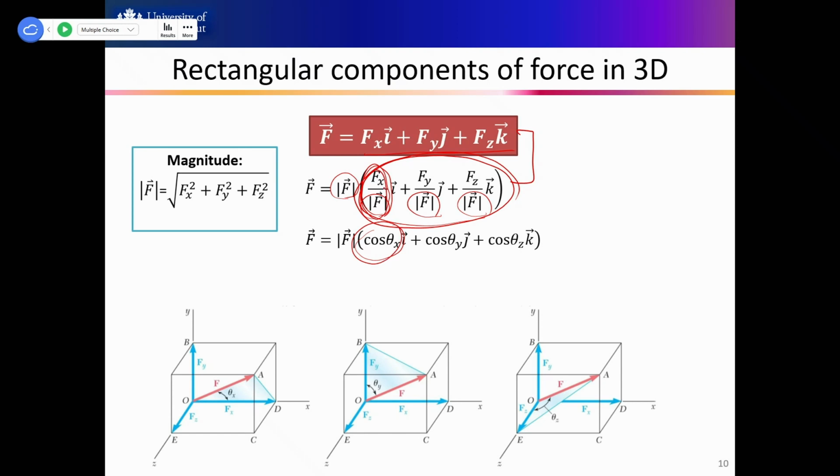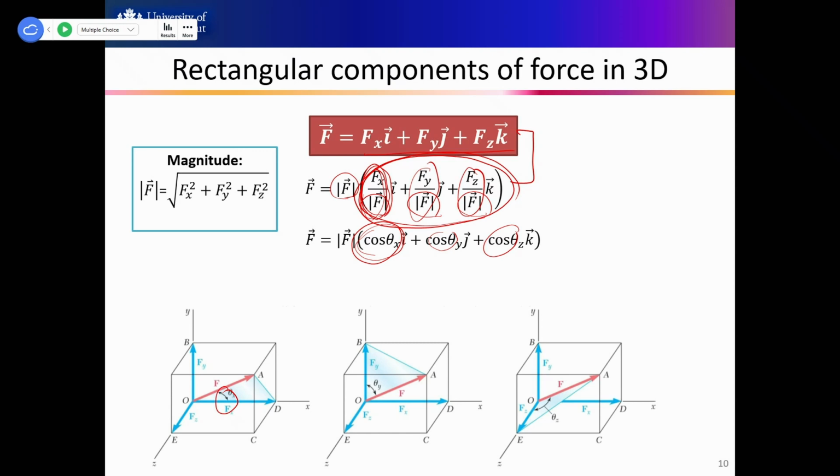So fx over the magnitude is cosine of theta x, this angle. The y component here is cosine theta y, and the z component here is cosine theta z.